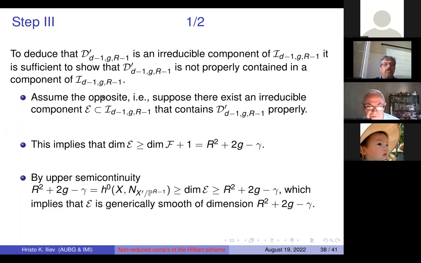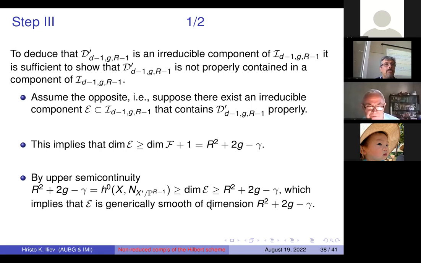One assumes the opposite. In particular, one assumes that d prime is contained properly in another component, like E, for example. This means that the dimension of E is greater than the dimension of F plus 1 at least, possibly more.